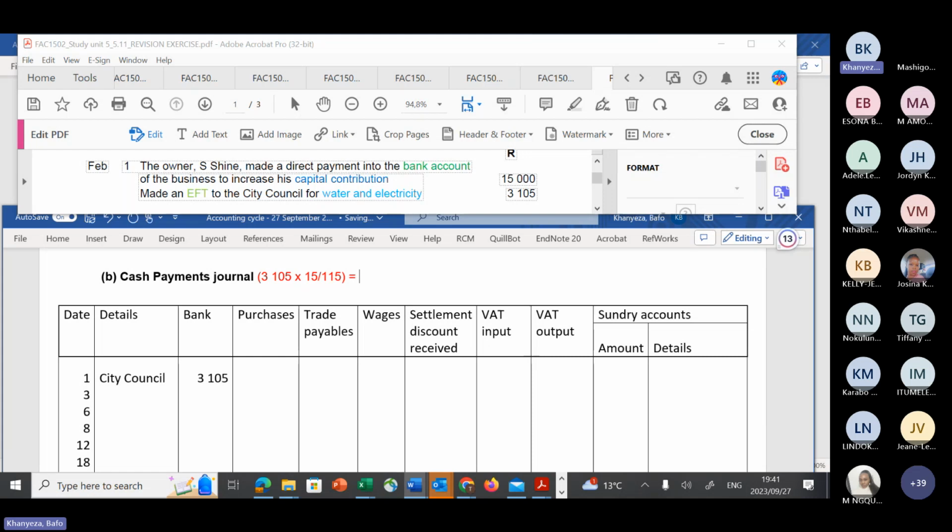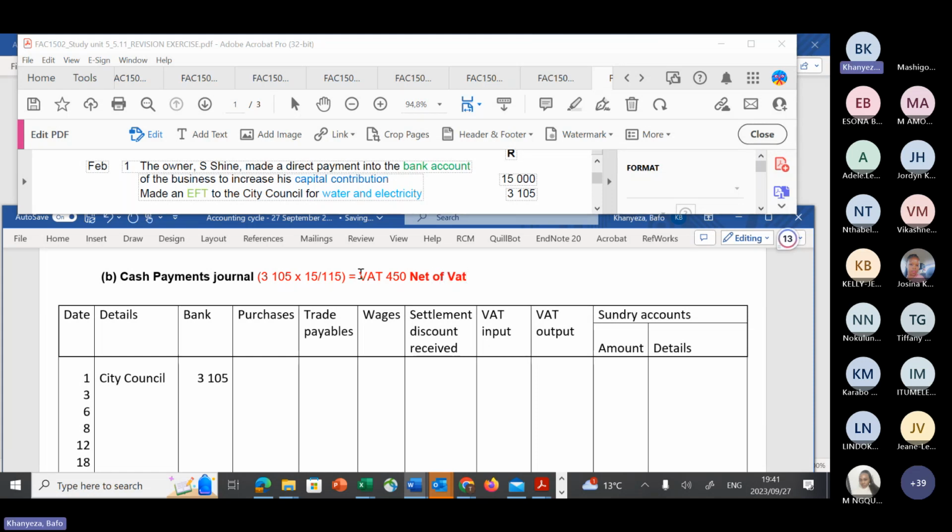So how much is VAT? It's 405. How much is the net of VAT?